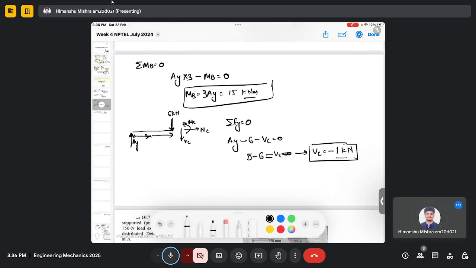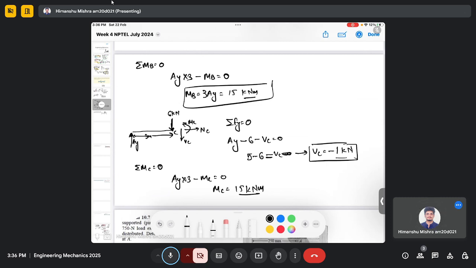And to find the moment, we do the moment balance at point C. So AY having the clockwise sense around C, so yeah, moment at point C is same. It's 15 kilonewton meter.